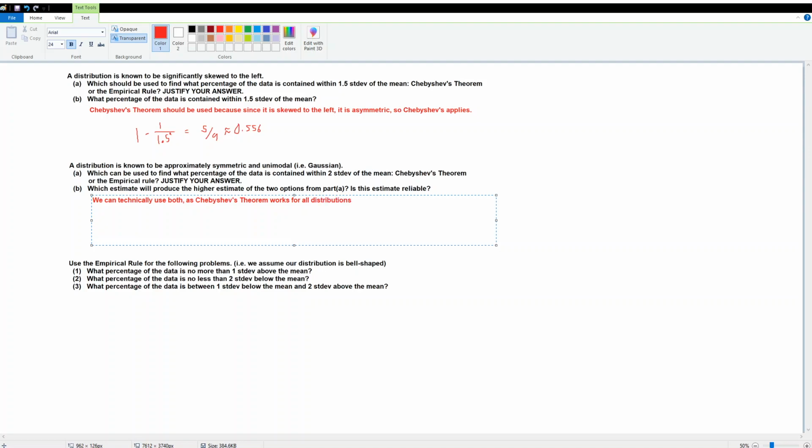Chebyshev's doesn't matter if it's asymmetric or symmetric, it still works. However, the empirical rule will provide the higher estimate and be more reliable.